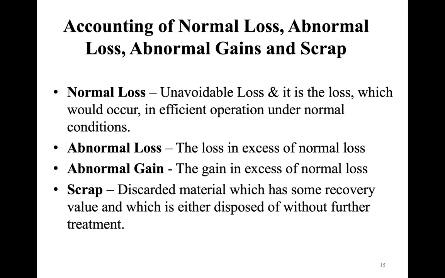That means if there is a gain which is more than the normal loss, let's say the normal loss is 25,000 and we have a gain of 30,000, then the abnormal gain would be 5,000. Clear?